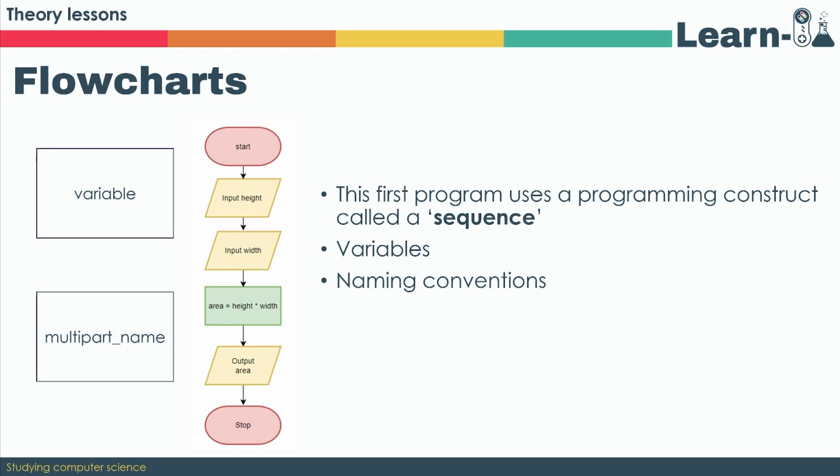So let's start with a really basic flowchart, and this allows us to demonstrate a programming construct. A programming construct is a really basic building block, and we're going to look at something called sequential programming, or a sequence. So in order for us to understand that, we have to understand a variable.